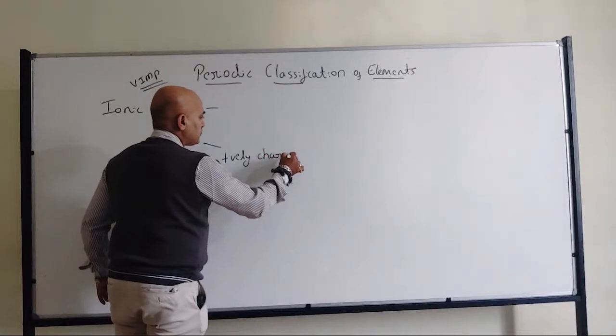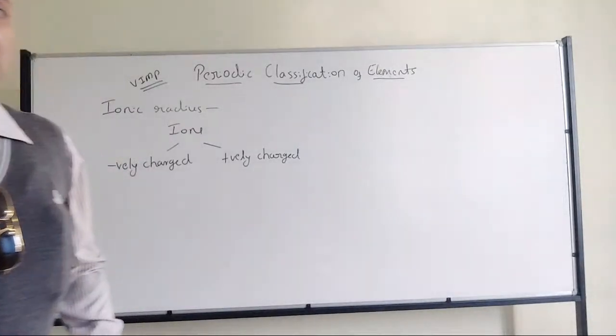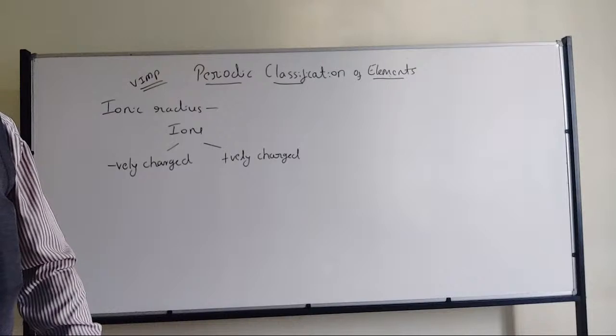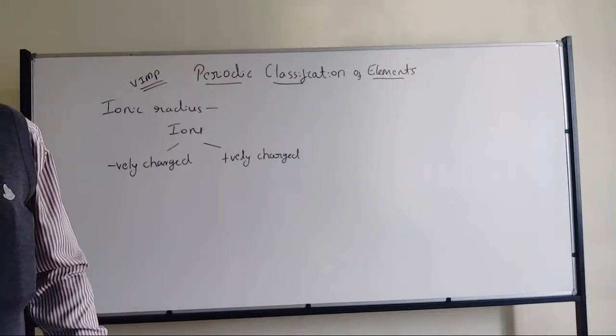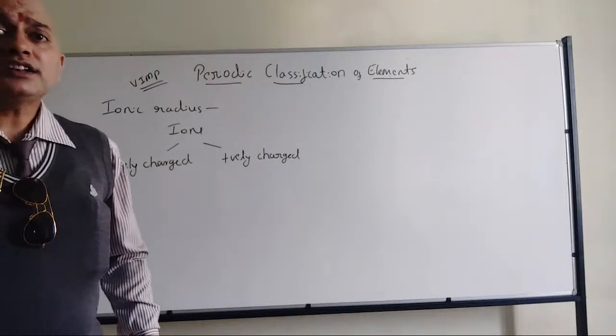That's where they differ from atoms. Ions are not neutral in nature. They will have an excess of positivity or an excess of negativity, so they carry the charge with them.